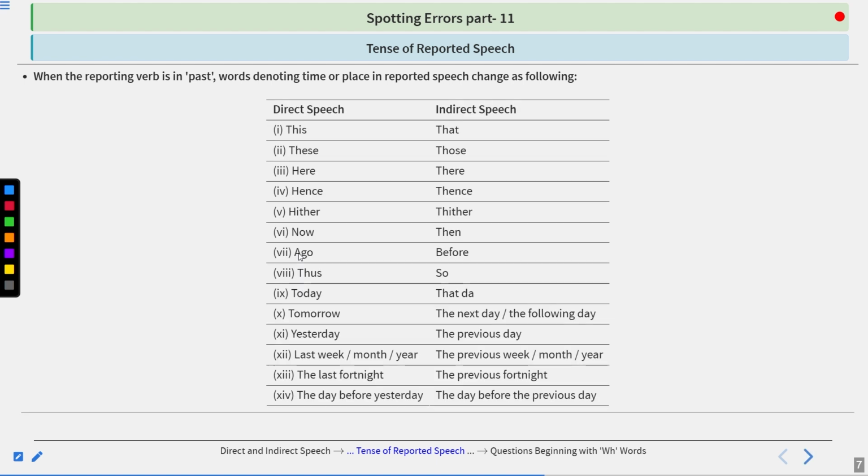So from direct speech to indirect speech, you have to change this to that, these to those, here to there, hence to thence, hither to thither, now to then, ago to before, thus to so, today to that day, tomorrow to the next day or the following day, yesterday to the previous day, last week, month, year to the previous week, month or year, last fortnight to the previous fortnight, the day before yesterday to the day before, the previous day. I hope you have understood the changes.